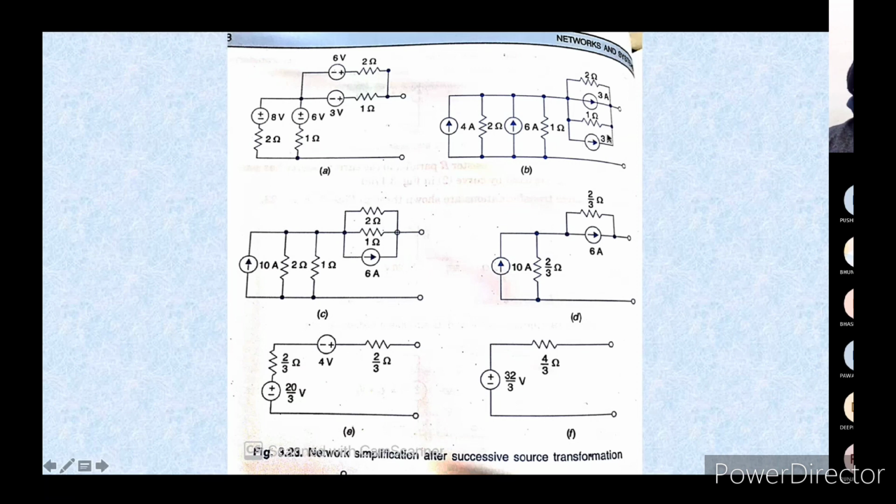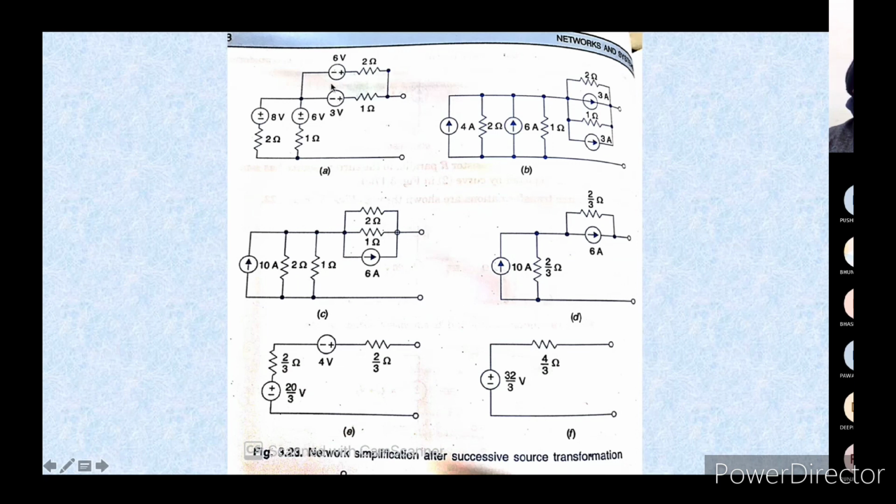Similarly, these two sources can now be given as one source by addition of the currents over here, and these again are in parallel, so you can find the equivalent and so on.